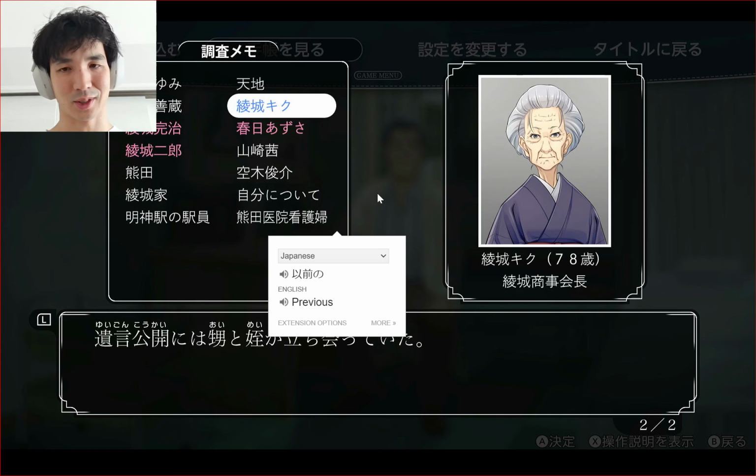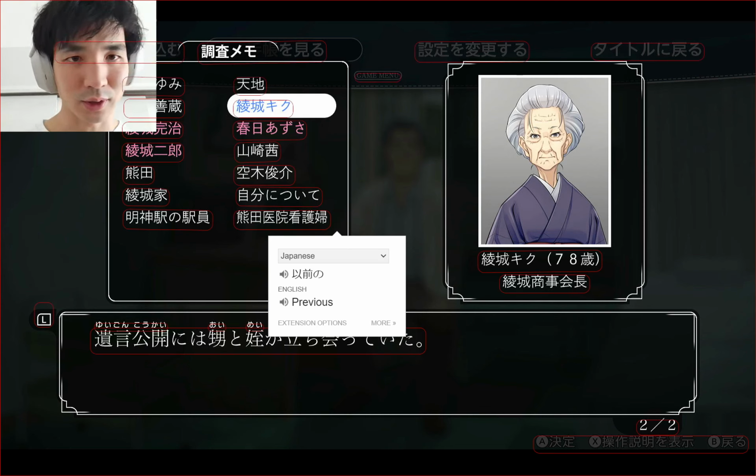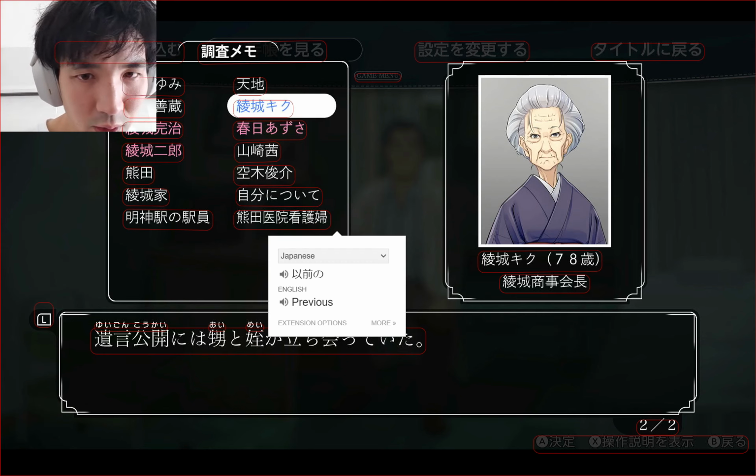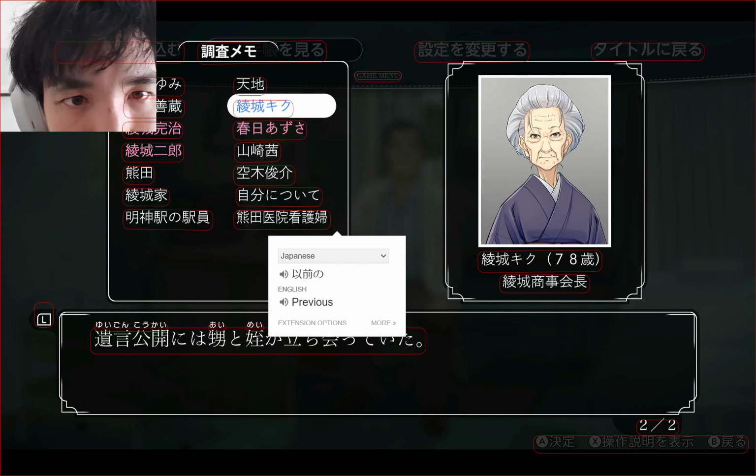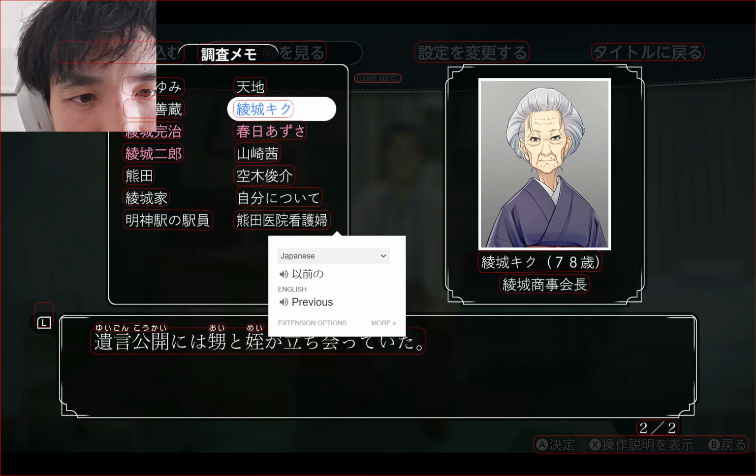Maybe I should just close it. Also, are the things still lining up? I feel like I might have moved something a little bit. Seems better, right?